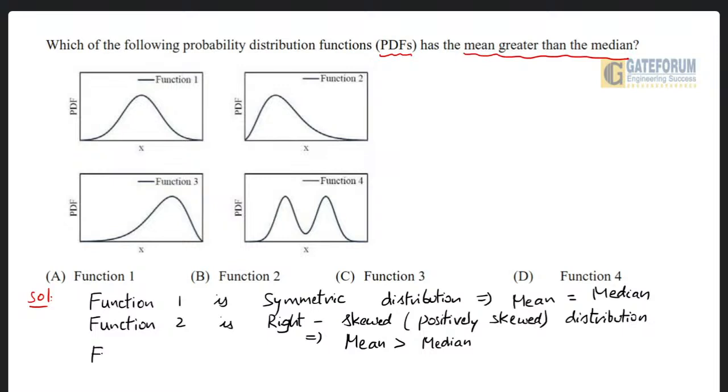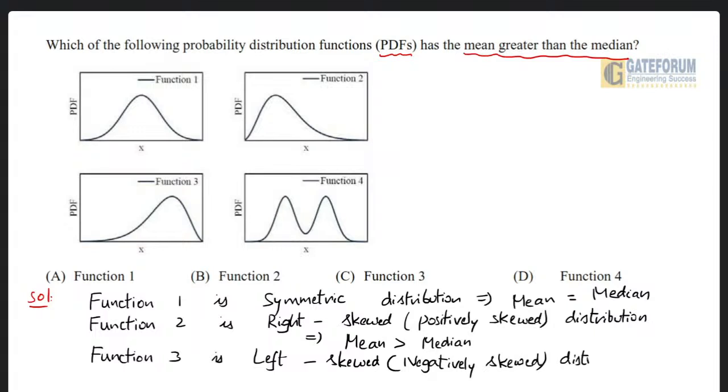Function 3 is a left skewed distribution. Left skewed means negative skewed distribution, which implies mean less than median.